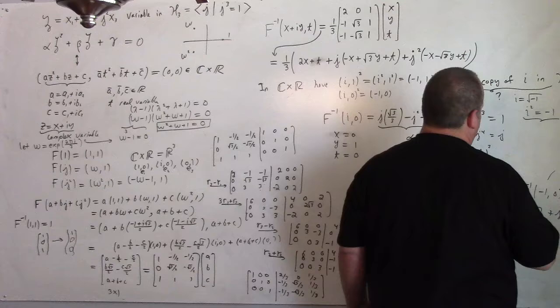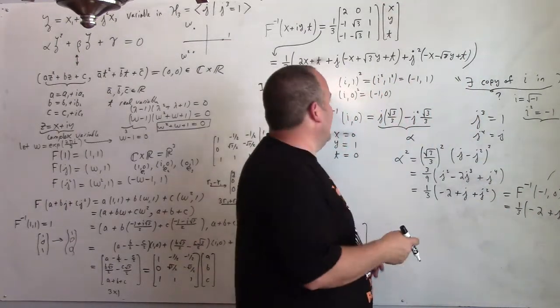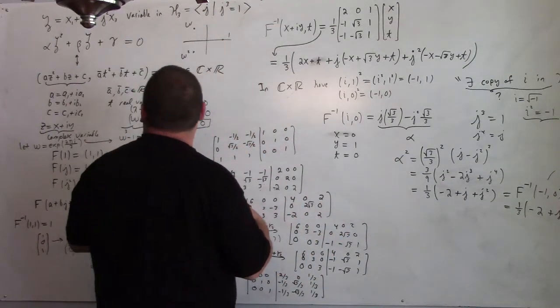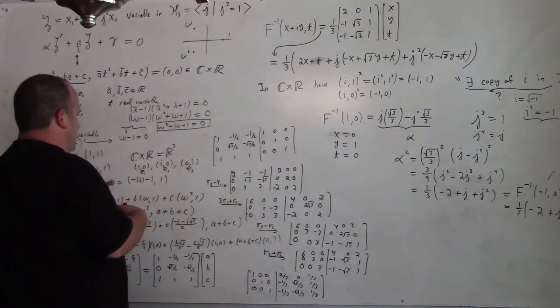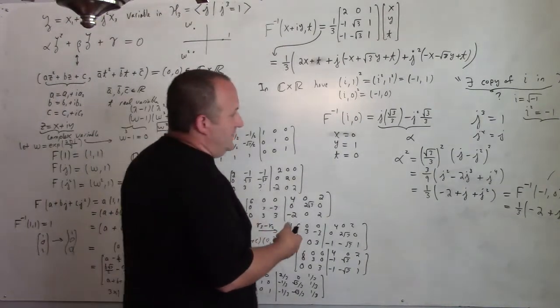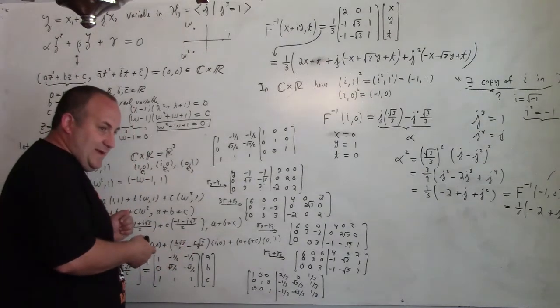Here's the thing that is naively wrong with my thinking: I assumed that there's a copy of I in C cross R. But is there an element of C cross R such that the square of that element is minus the identity?